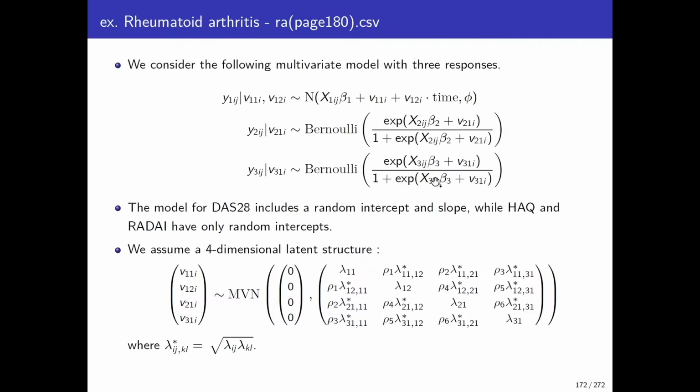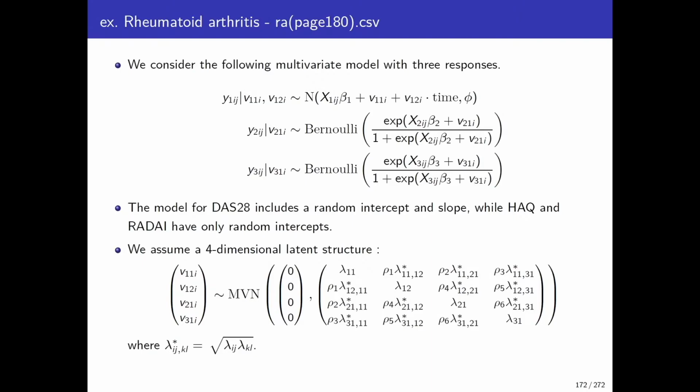First, we can consider the following multivariate model with the 3 responses. Y1ig with condition v11i, v12i follows the normal with X1ig beta 1 plus v11 plus v12 time. Y2ig with condition v21i follows the Bernoulli.